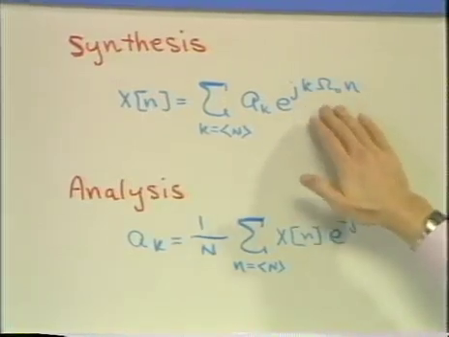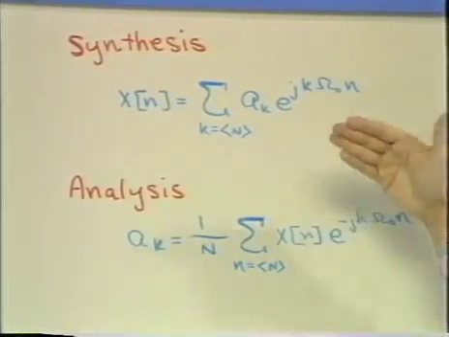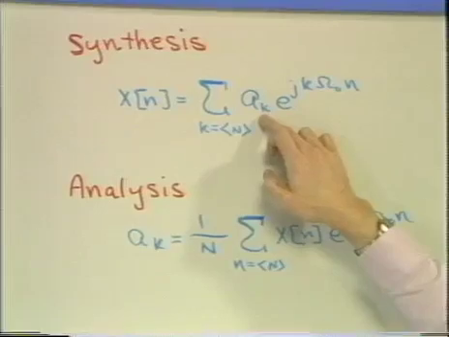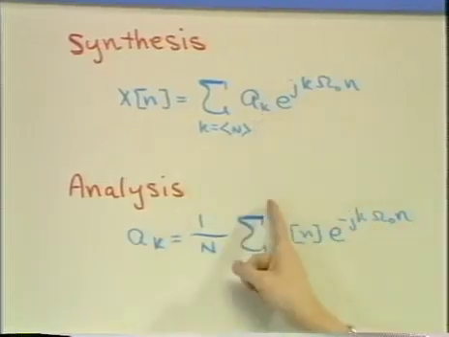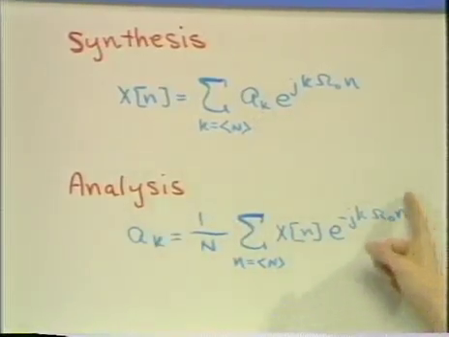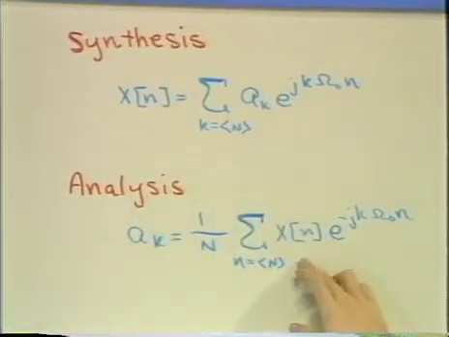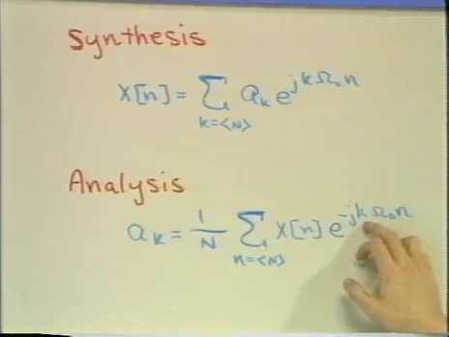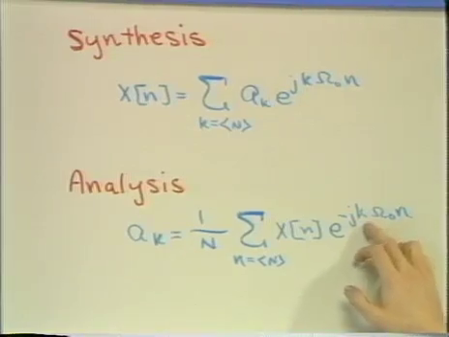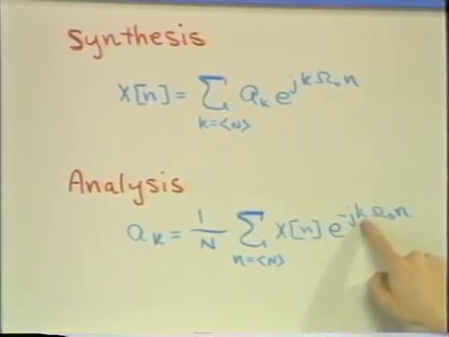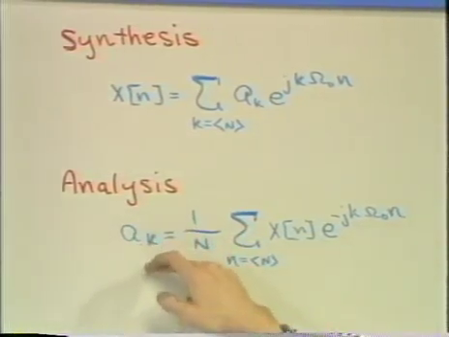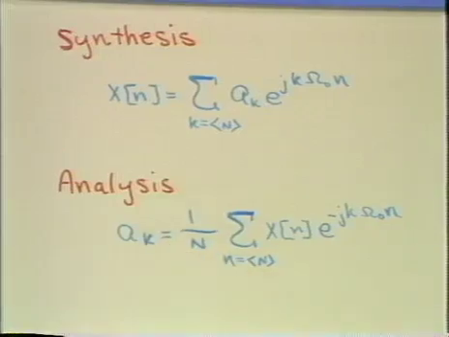And because of that, we're imposing, in a sense, the interpretation that the a sub k's are likewise a periodic sequence. And in fact, if we look at the analysis equation, as we let k vary outside the range from 0 to N minus 1, what you can easily verify by substitution is that this sequence will, in fact, periodically repeat.